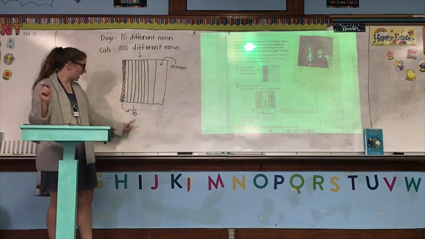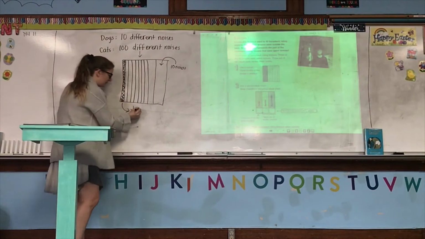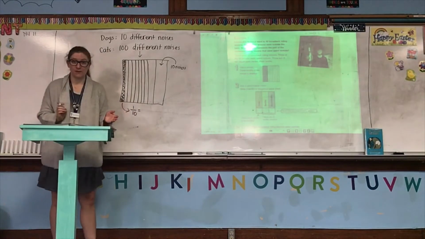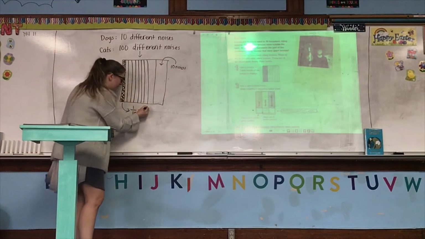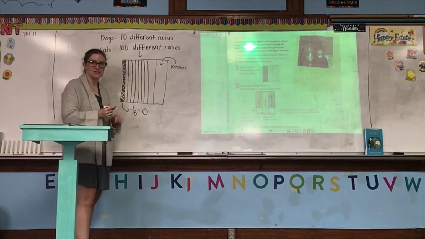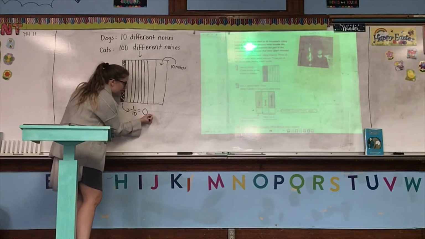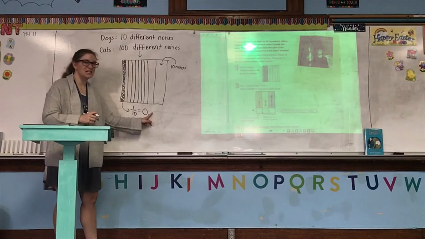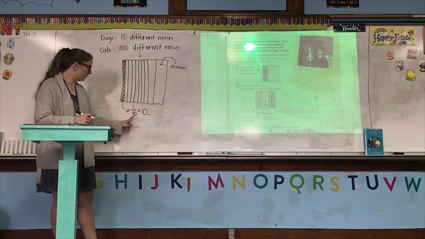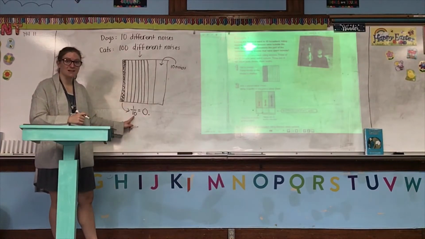Now, let's write it the way we would as a decimal. We know from yesterday's lesson that we have no wholes, so we put a 0 in the ones place. A decimal comes right after the ones place, and then the next place is the tenths place. Well, we have 1/10.